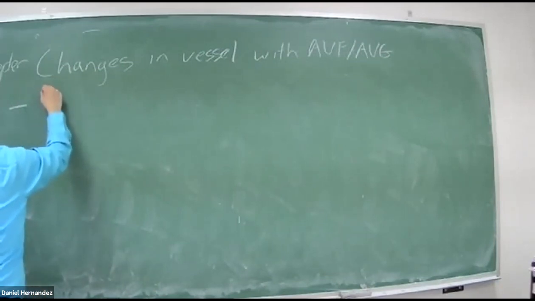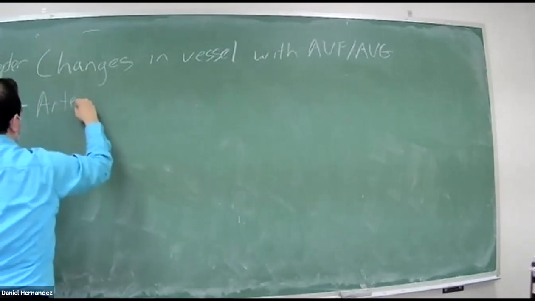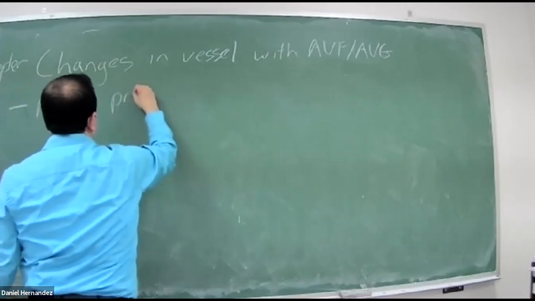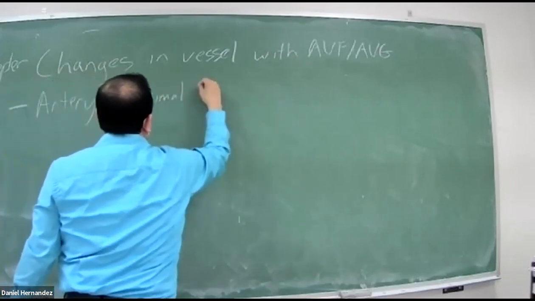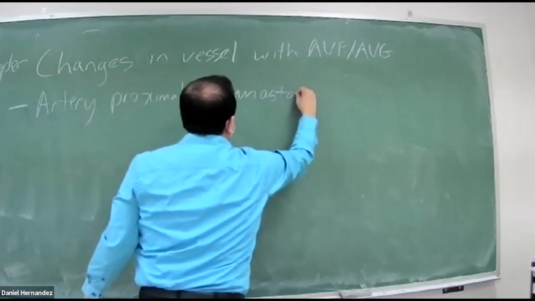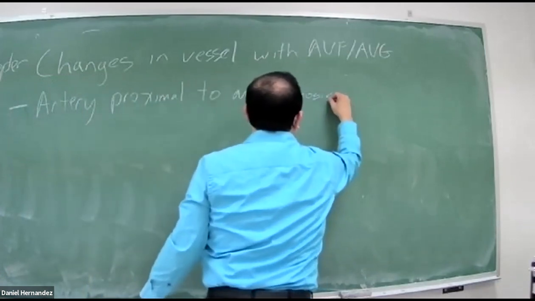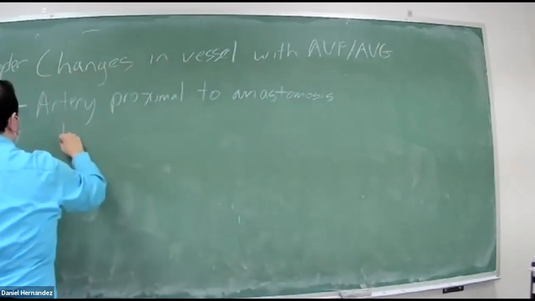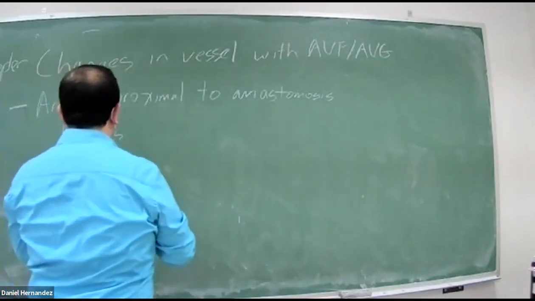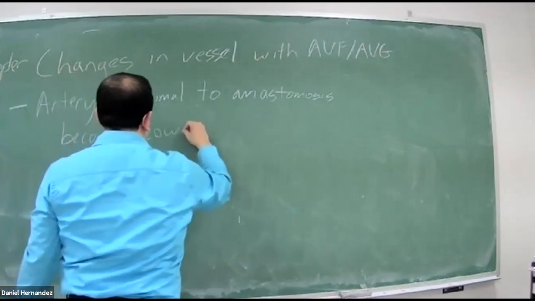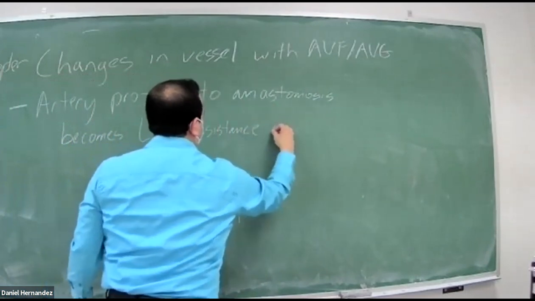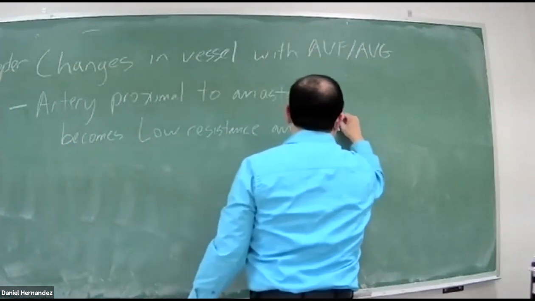So first major change is the artery proximal to anastomosis becomes low resistance and high velocity.